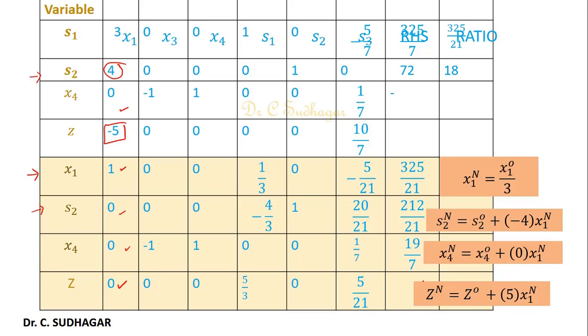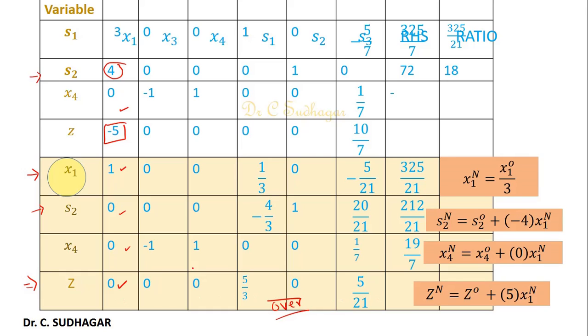Now if you look at this, again we are looking at this z row: 0, 0, 0, 5 by 3, 0, 5 by 21, all of them are positive numbers. Once you get all of them positive, it shows that the process is completed. Okay, so finished. If you get a negative number here, you should go for one more iteration, the same method followed till you get all the numbers positive here.